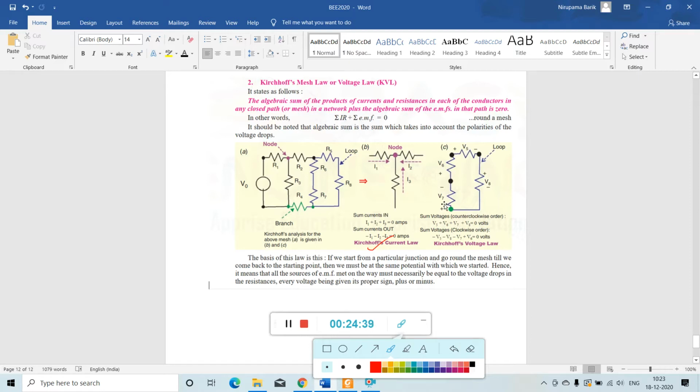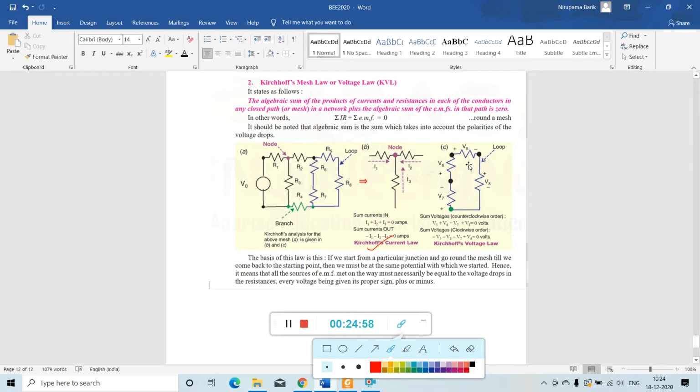What is the statement of Kirchhoff's voltage law? The algebraic sum of all the voltage drops plus the algebraic sum of all the EMFs in a closed path is 0. Here we have only voltages.